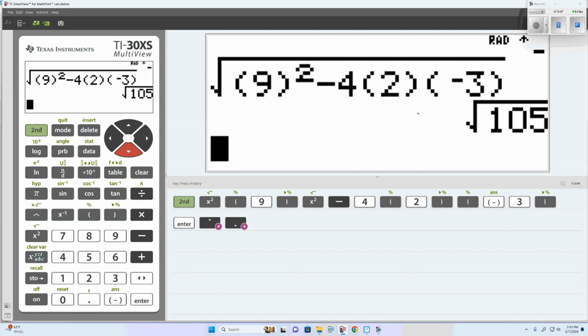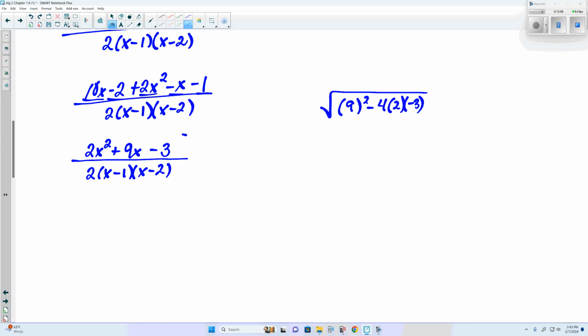Well, yes. And that's it. Questions on this here? We plugged it in, it tells us square root of 105. Wait, how did you get from that to that?